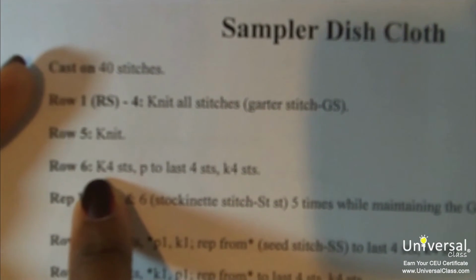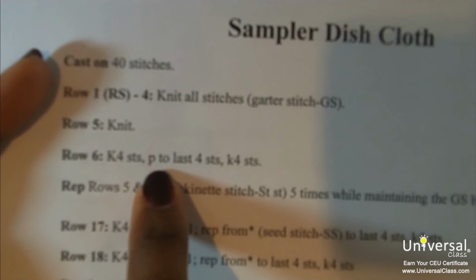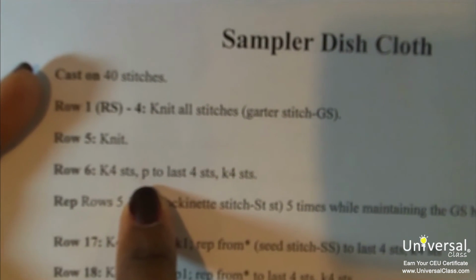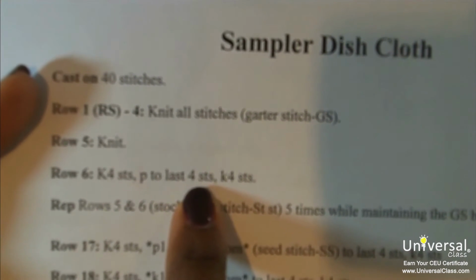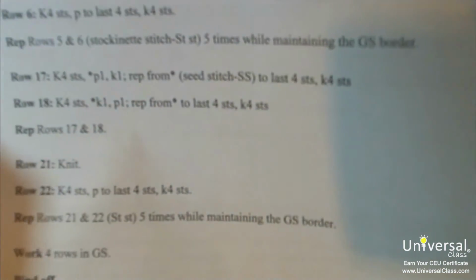And you'll see the abbreviations for the K, which is knit, in the abbreviations, as well as the STS, which is stitches. You will see P to last 4 stitches. P is purl to the last 4 stitches. And those last 4, you're going to knit 4 stitches. And you will continue in this method to complete your dishcloth.